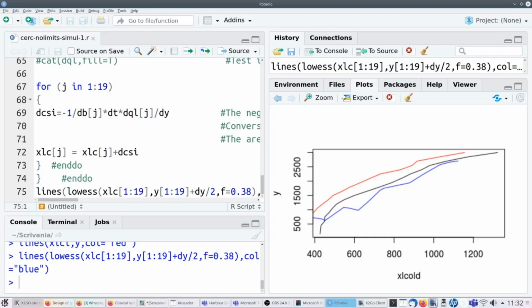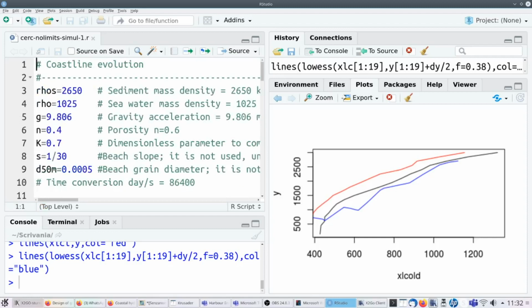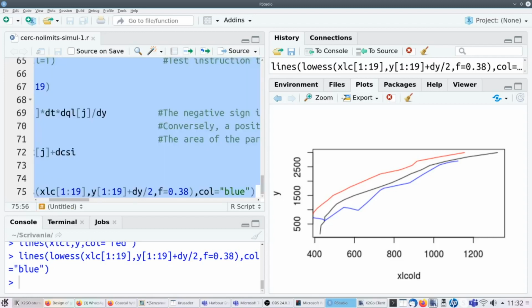Let me just run the whole code from the beginning, from scratch, because I want to see whether it is confirmed. No, you know, it is now a little bit better. It is changed because I think there was a mistake in the previous run that I did. Still, you see that the coastline is a bit peaky, but I mean this is acceptable.